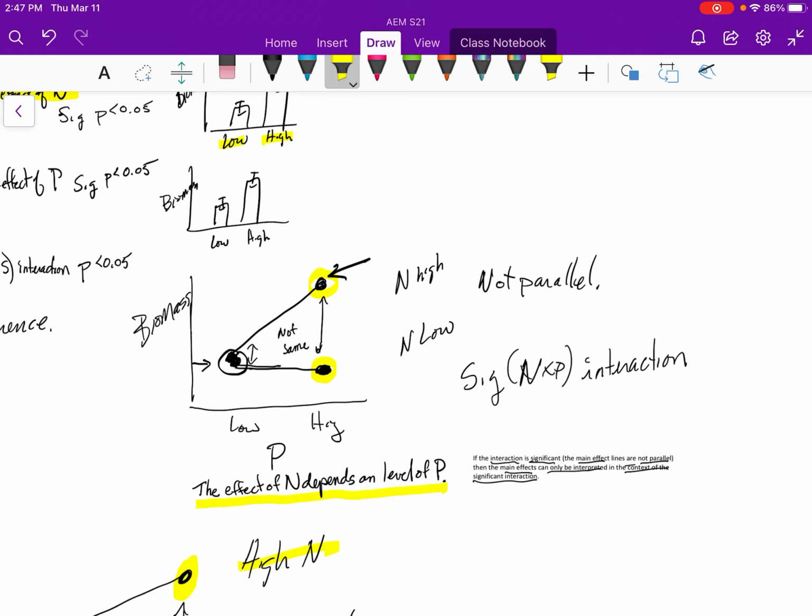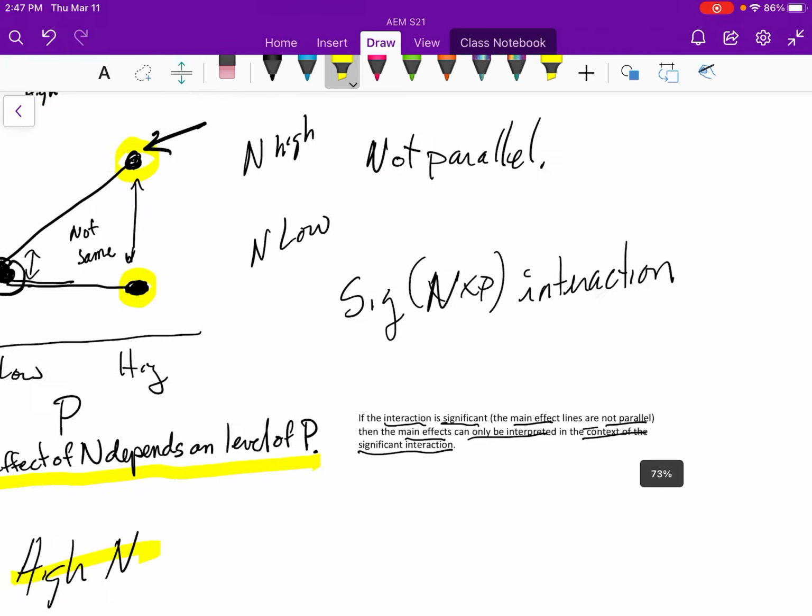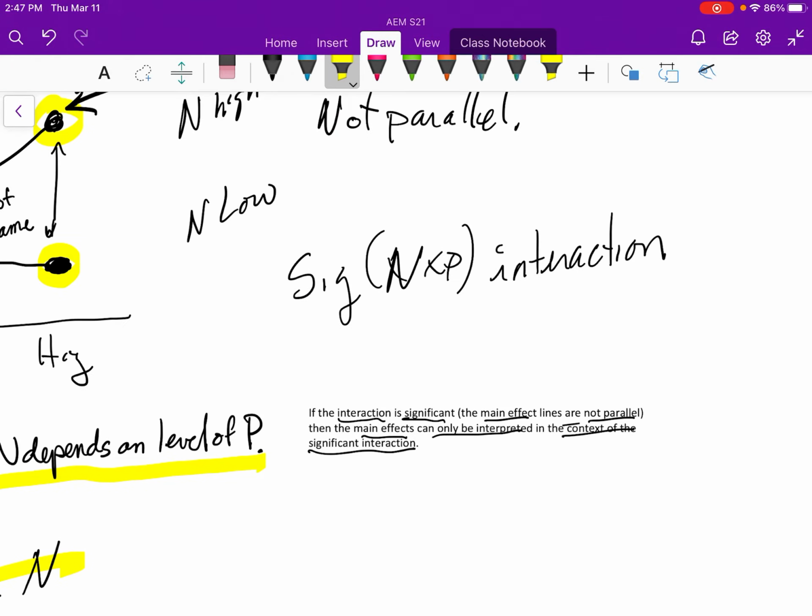And it can also be said, and I underlined all these words because these are very specific words, you should memorize these words just like you should memorize the ones I just said about N depending on level of P: if the interaction is significant, that is, the main effect lines are not parallel, then the main effects can only be interpreted in the context of the significant interaction.